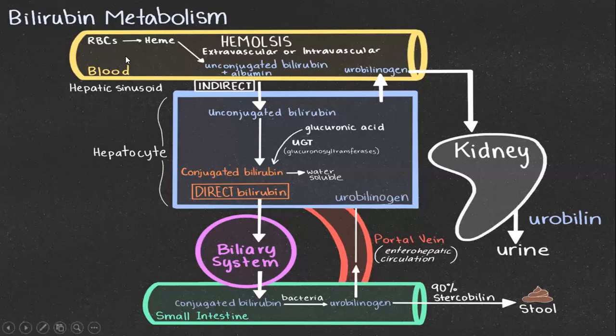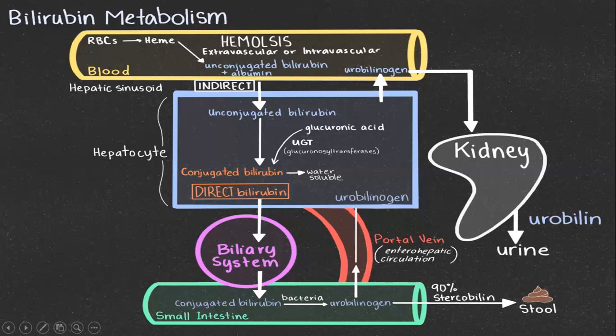So it's the heme that is metabolized and converted eventually to bilirubin. This happens outside the liver. Your heme is converted by the enzyme heme oxygenase into biliverdin.